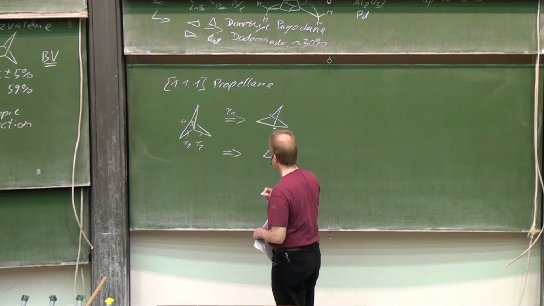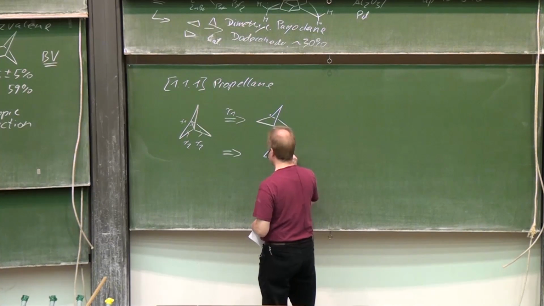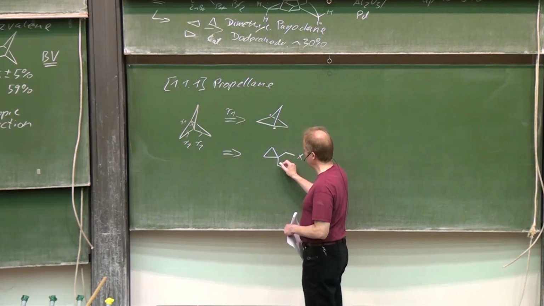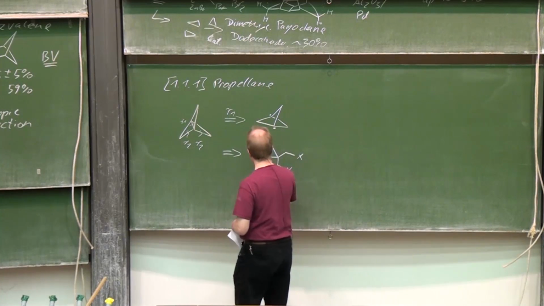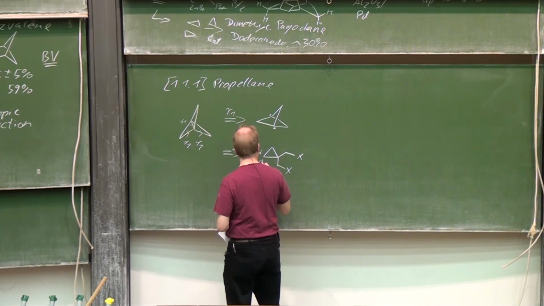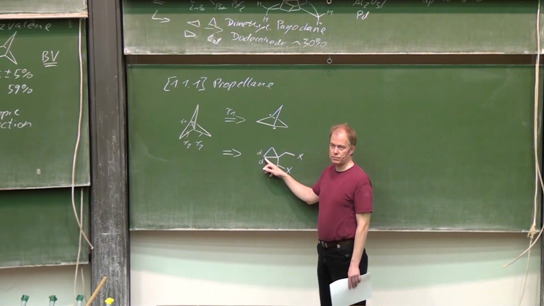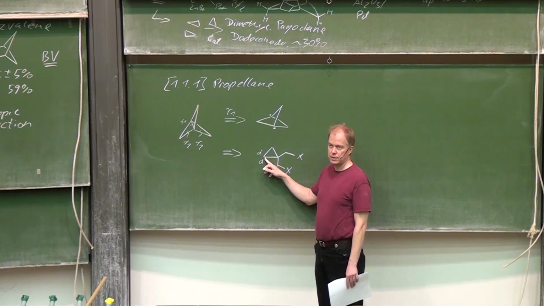Just leave 1 3-membered ring. Leaving group here, leaving group there, and having twice donor reactivity.